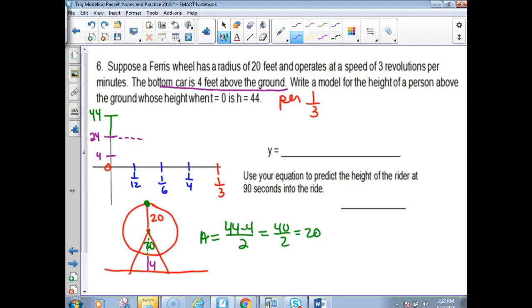Okay, I'm going to dash it out so I don't miss it, not plot on it like I did on the last problem. Let's read the question again so we can make sure. Look at this last part of it. P0 is the height of 44. So it's starting at 0, 44.